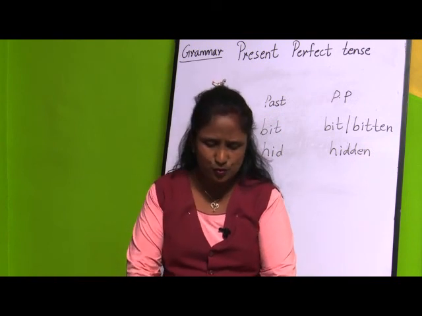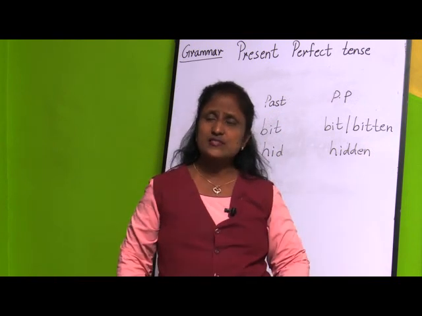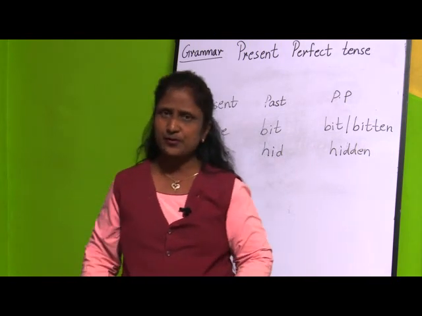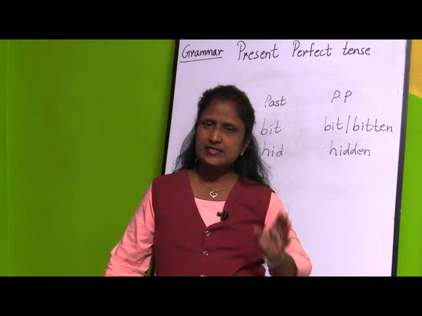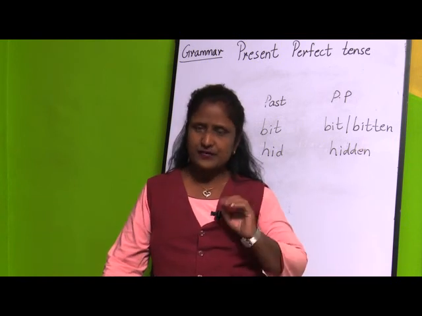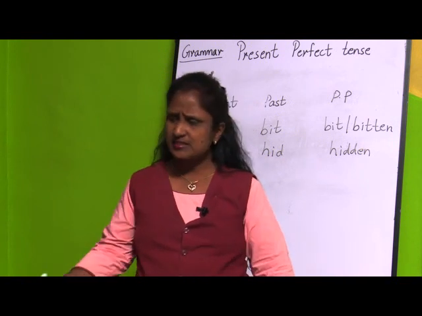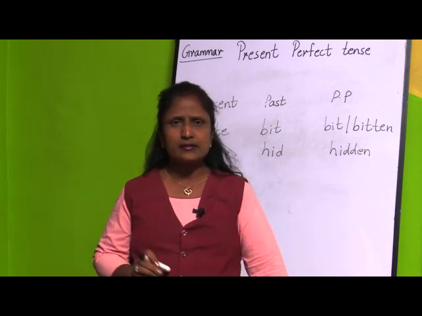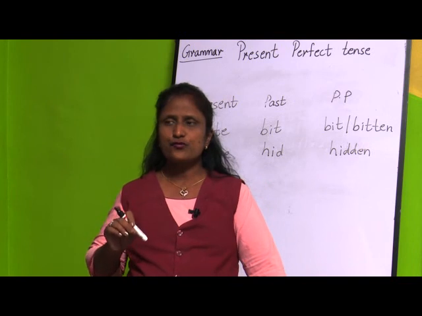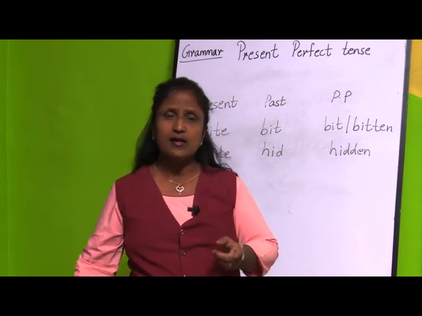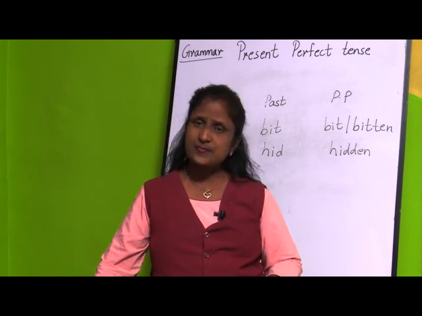So, I hope children you might have understood what is present perfect tense. Once again, I want to tell you what present perfect tense is. Present perfect tense tells about actions which have already been completed or have just been completed. And if you see in present perfect tense, we use the verb have or has along with the past participle.